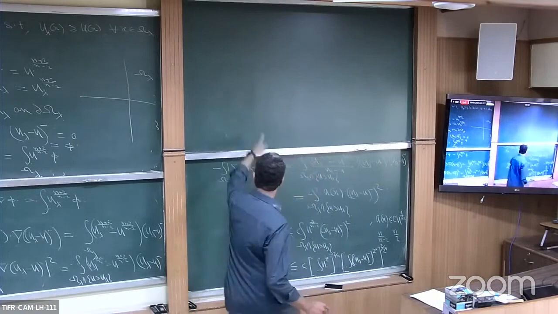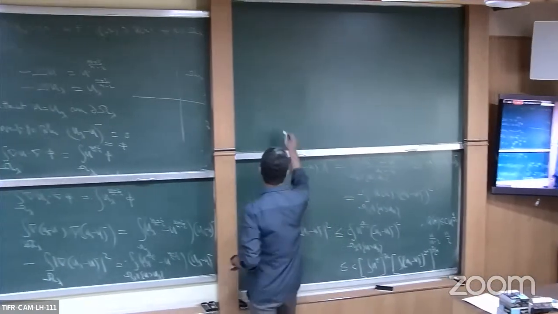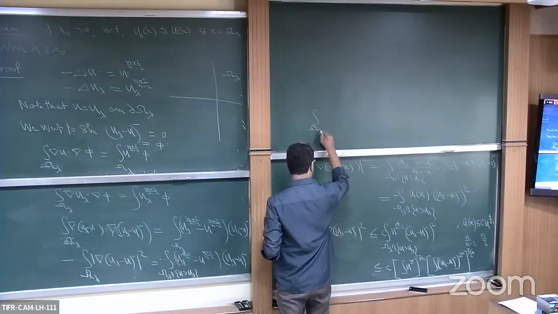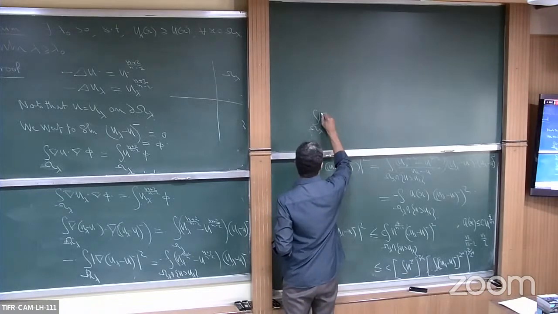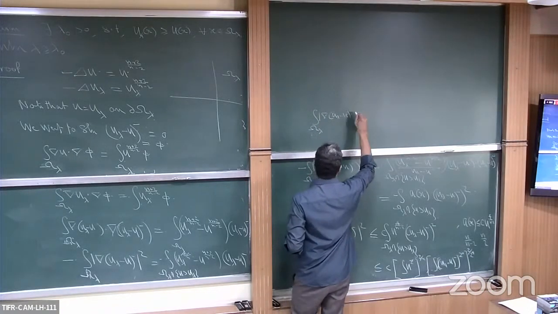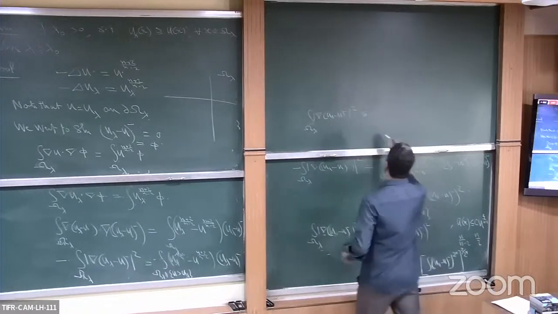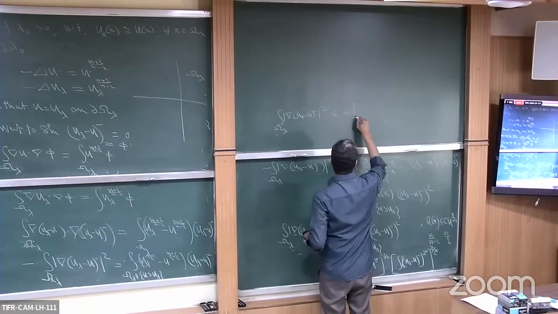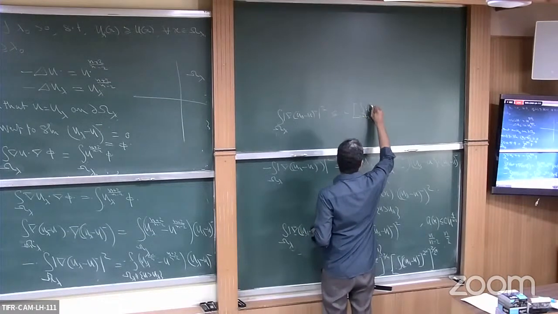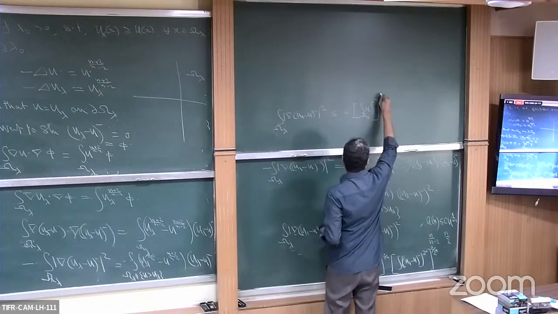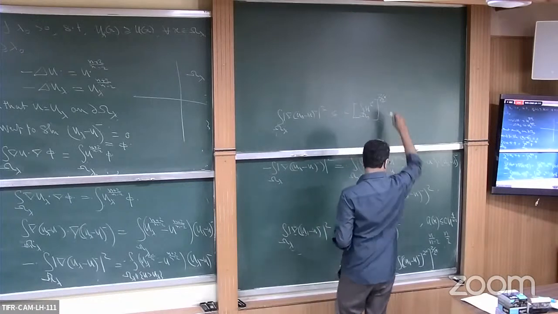Maybe I will continue here. So I will write the integral over omega lambda of the modulus of the gradient of u lambda minus u minus is less than or equal to some constant into this. I can put it as the integral over omega lambda of u to the power 2 star.